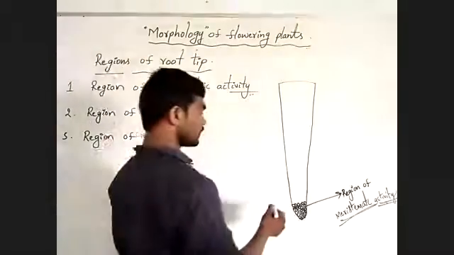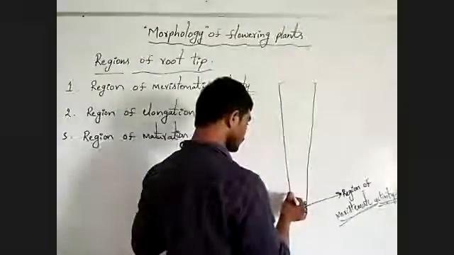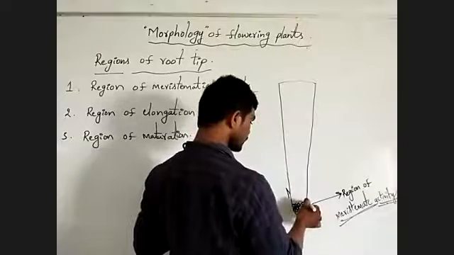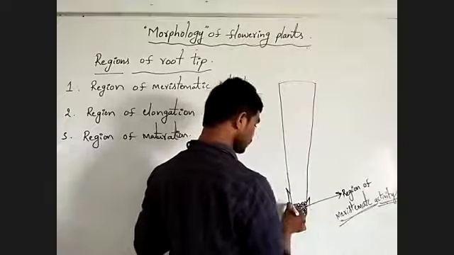This region of meristematic activity is protected by a thimble-like structure.